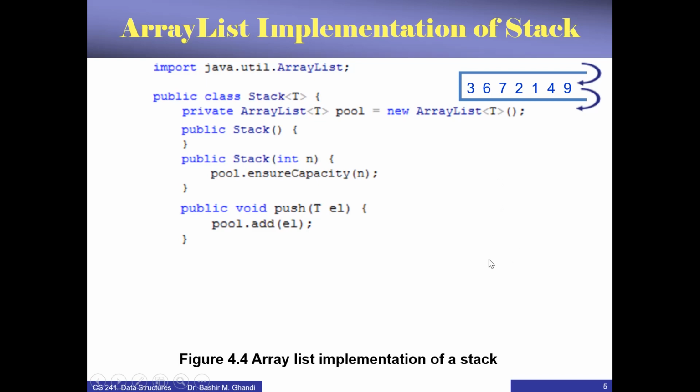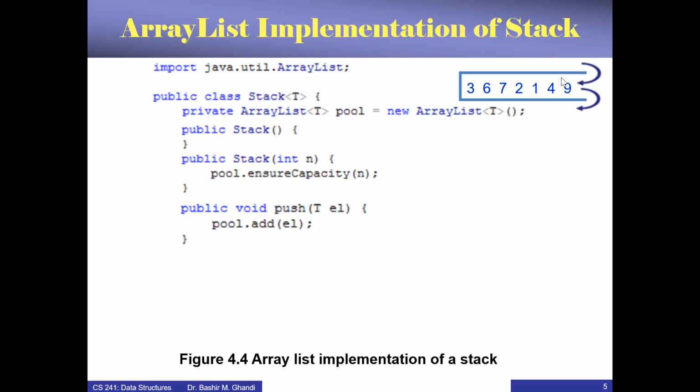Now, what about pop? Here we have a problem actually, because if you recall, we need to remove this element. The last one that came in is the one we want to remove. Unfortunately, there is no remove last in array list.